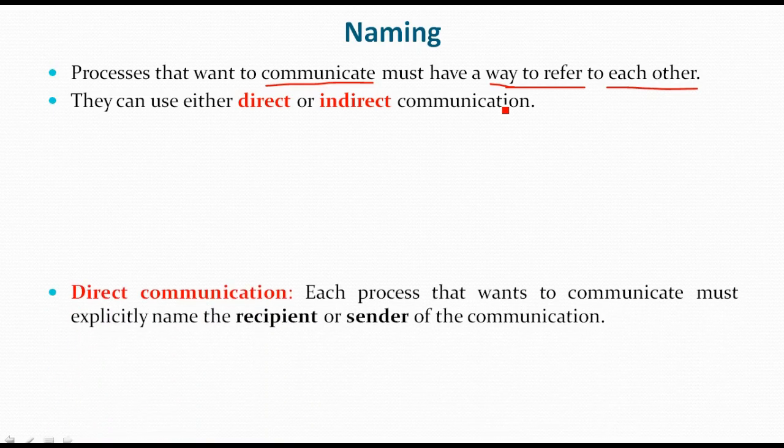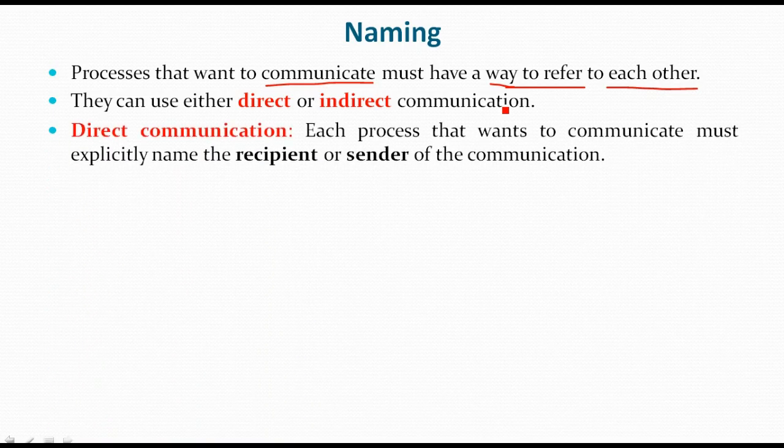Now, in direct communication, each process that wants to communicate must explicitly name the recipient and sender. Means we have to explicitly mention who is the receiver and who is the sender.